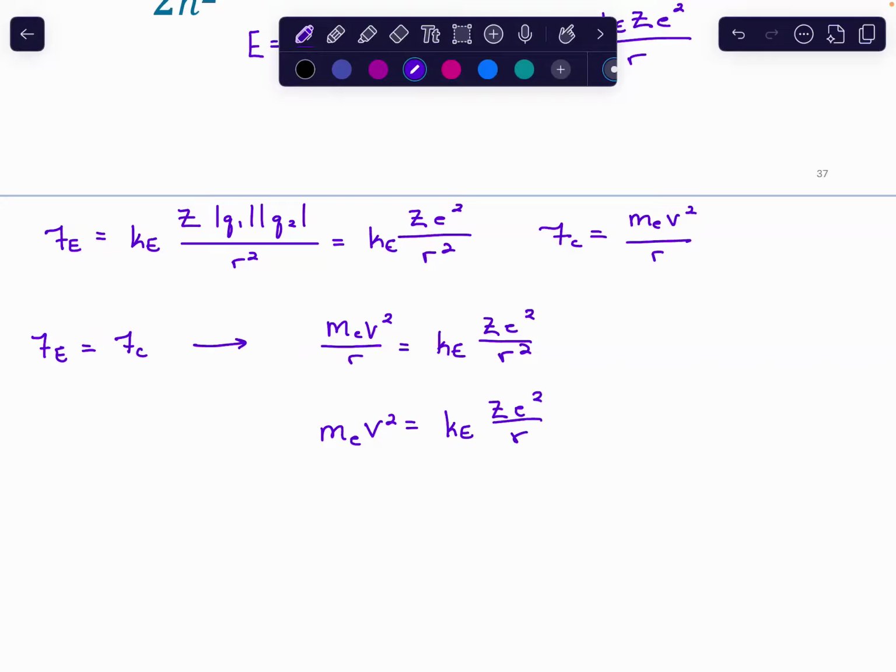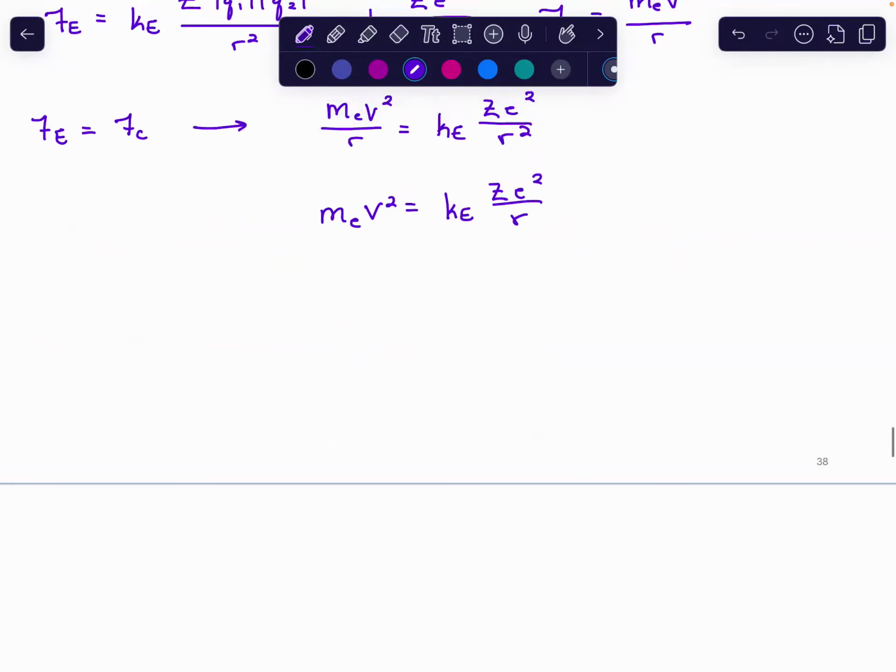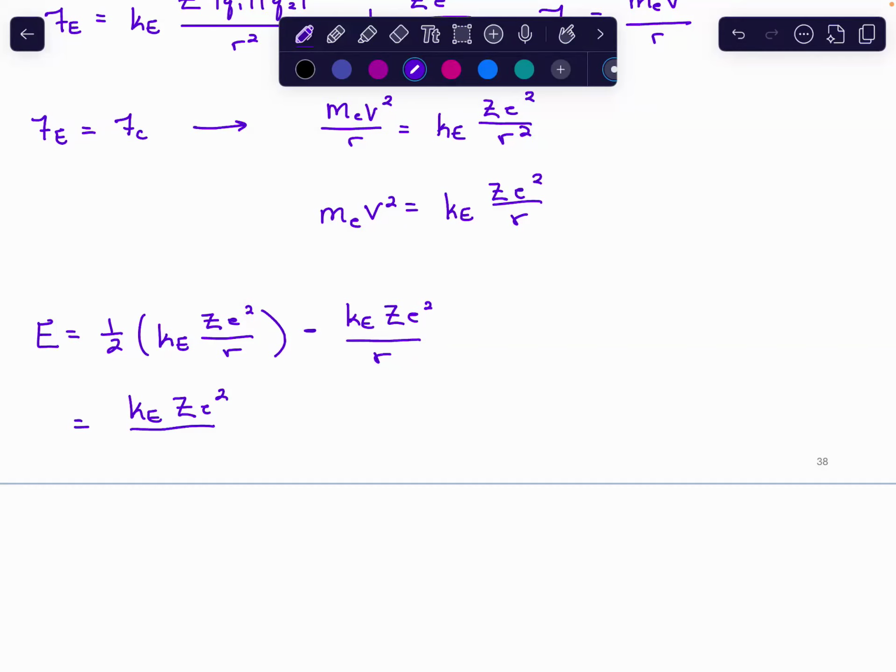Now I'm going to substitute this into my total energy equation, which will now give me 1/2 KE Z E squared over R minus KE Z E squared over R. Well, we know this is going to give us KE Z E squared over 2R minus, and then we can call this fraction on the right 2 KE Z E squared over 2R.